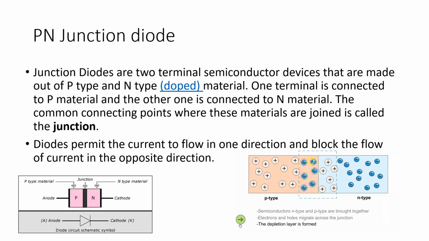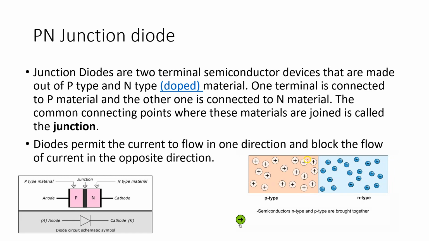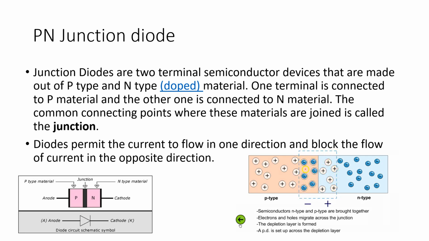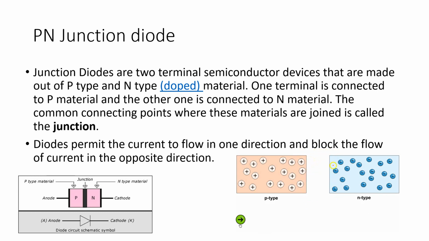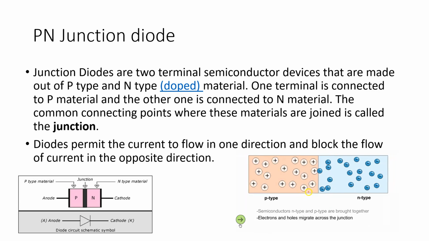If I remove electrons and put them on this side to bond with the positive, negative and positive attract. So once both materials come together, there will be a force of attraction where some electrons are going to move and bond together. For that reason, it creates a depletion region, which just tells us that there are no free charge carriers within that region. So that is what happens when you take the p-type and the n-type material together.